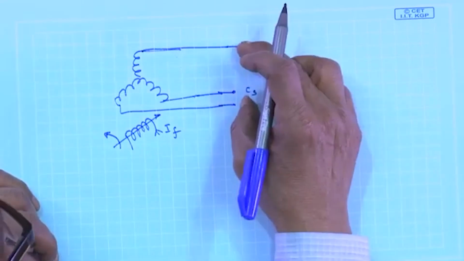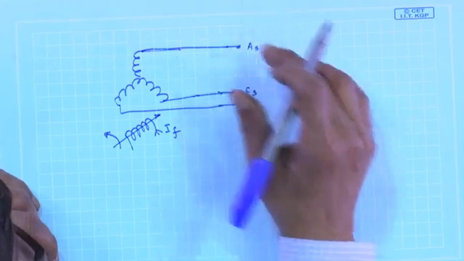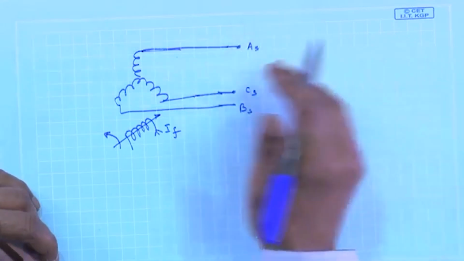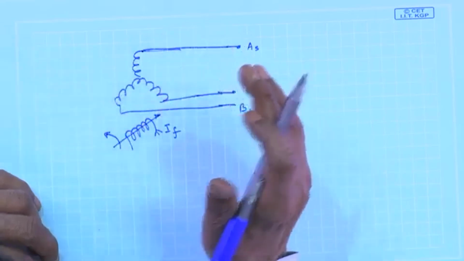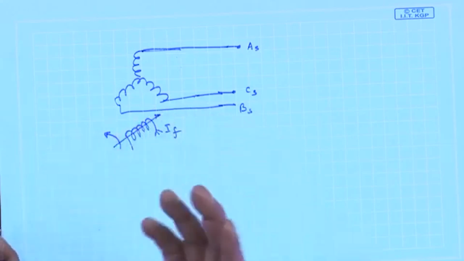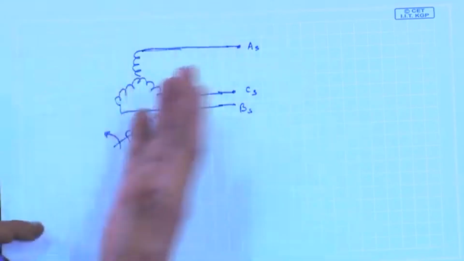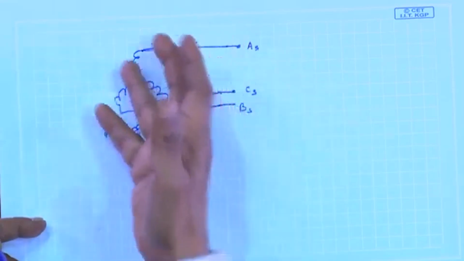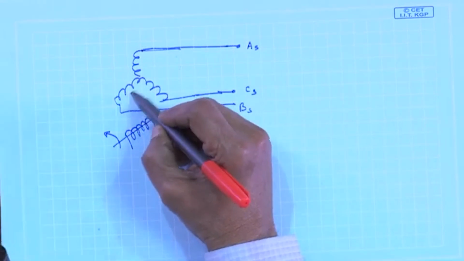But if these 3 terminals are connected to the bus, these line voltages are fixed, and if the 3-phase armature winding carries balanced 3-phase current, then I know it will produce a rotating magnetic field, is it not?